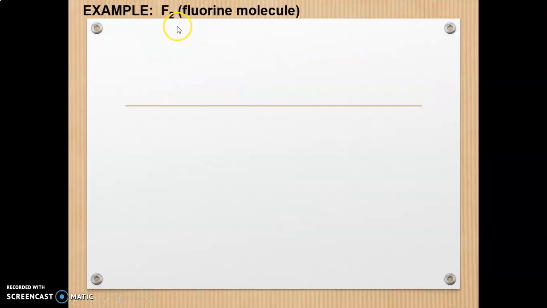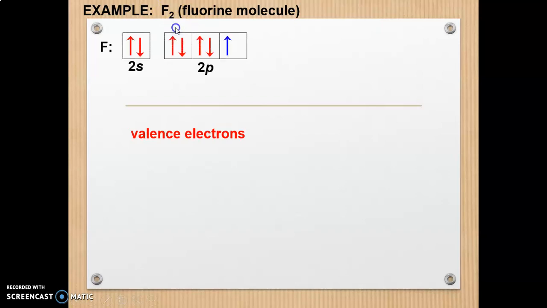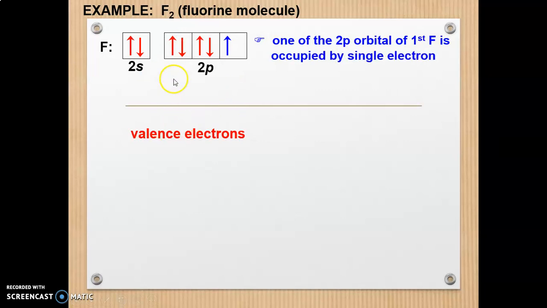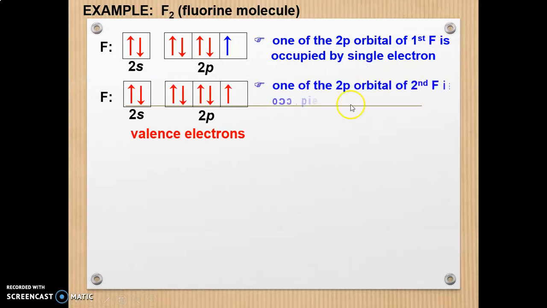Example, fluorine. So, from the valence electron configuration, one of the 2p orbital is occupied by a single electron. Another fluorine also has one electron.